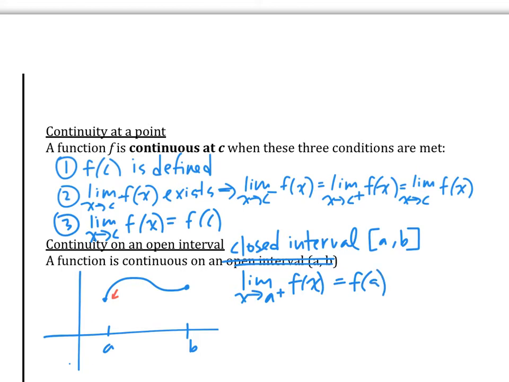So we're basically proving that the left hand endpoint exists. And then the limit as x goes to b from the negative side, f of x equals f of b.